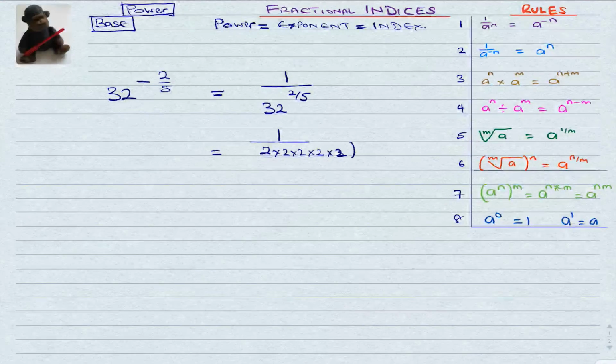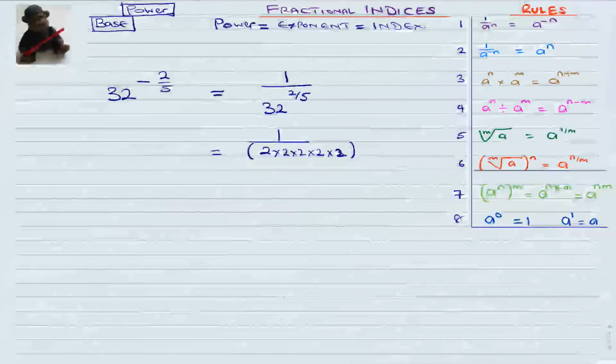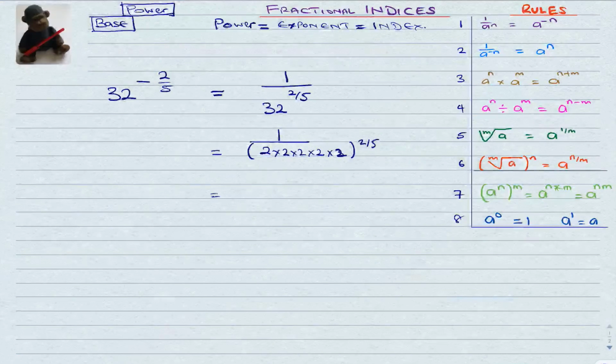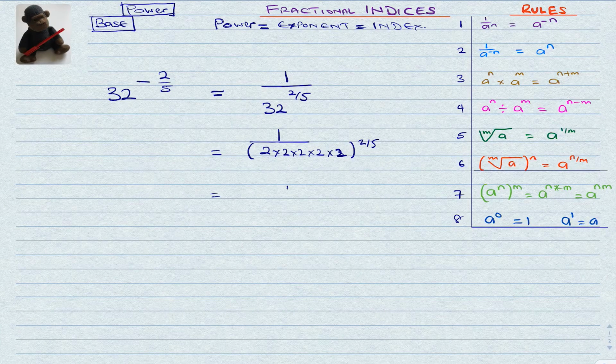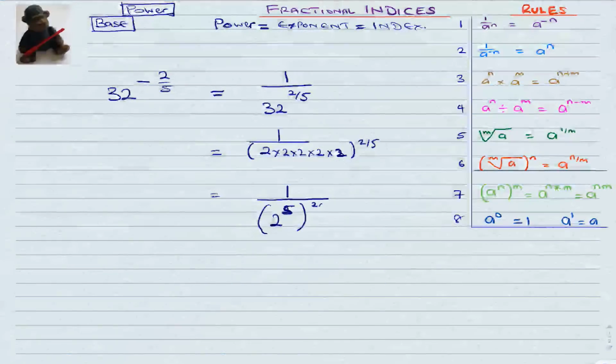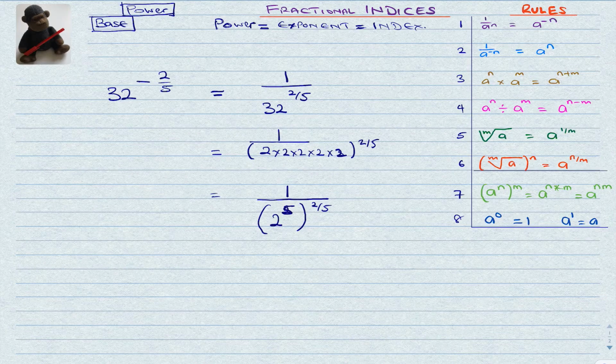All right, and then we have 2 to the power of 5 at the bottom there, which meant that 1 over 2 to the power of 5, and then to the power of 2/5 as the power fraction.